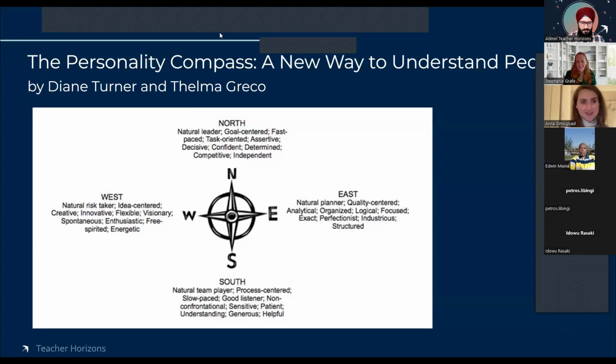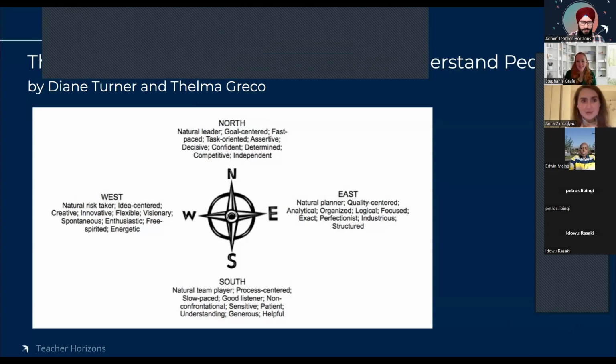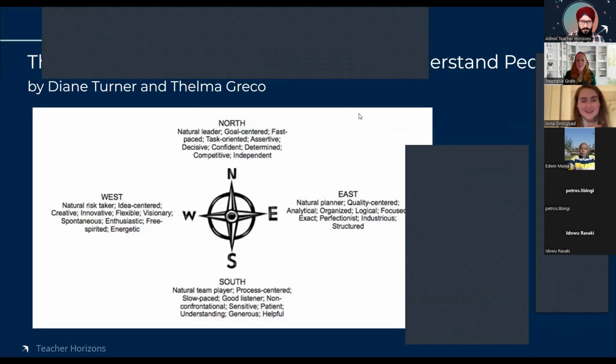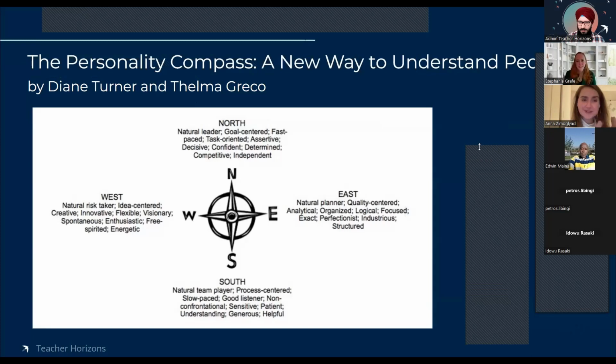I'm a grade 2 teacher, and I'm co-teaching with another grade 2 teacher next door. I'm a more Western South person, whereas my colleague is North. Even though we're a very strong team, it was a big challenge in the very beginning to understand each other. Probably because, as you said, first of all, you need to understand who you are and what your values are.